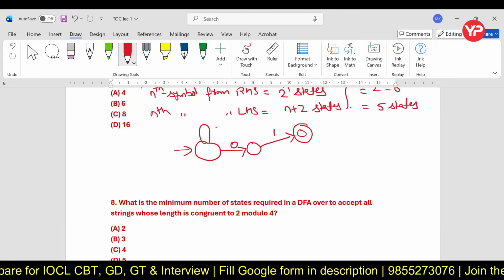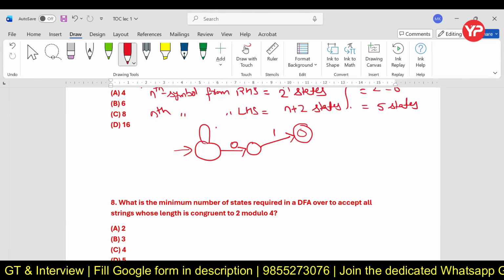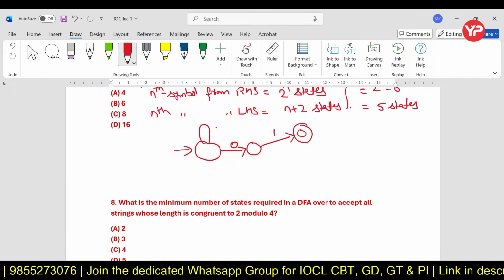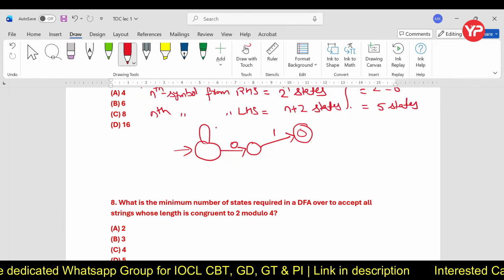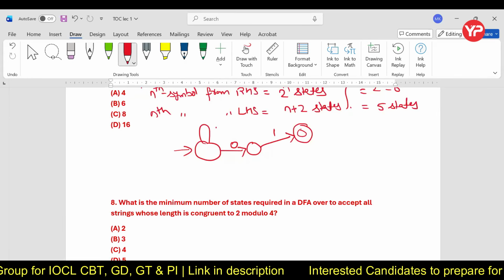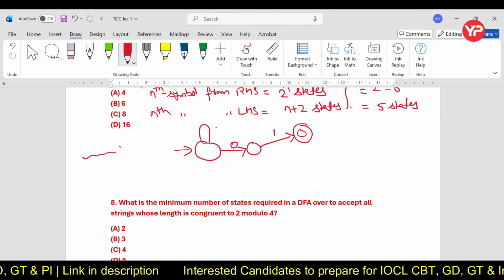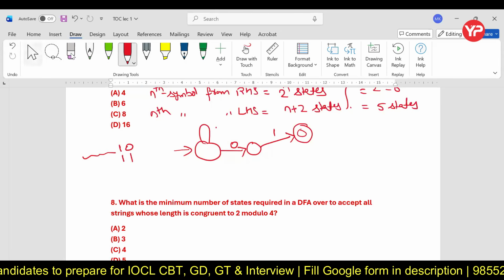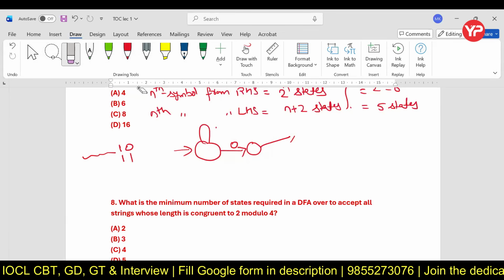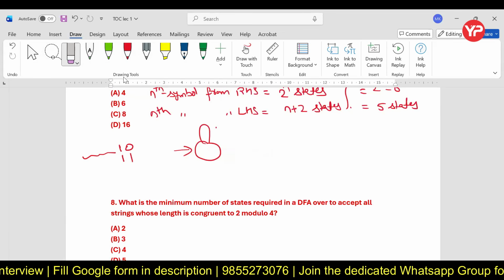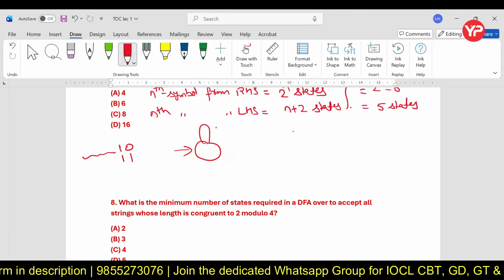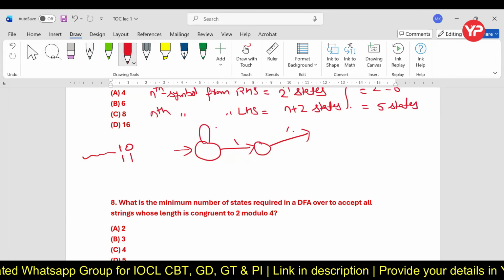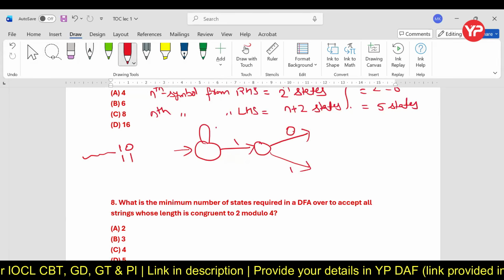Before that, any number of ones may come, and that creates a problem. We want the second symbol from RHS to be 1. It means anything may be here, then either 1 0 or 1 1. Yes or no? We want this type of thing. Now see, here we have 1. After that, it may be 0 or it may be 1. We want both.